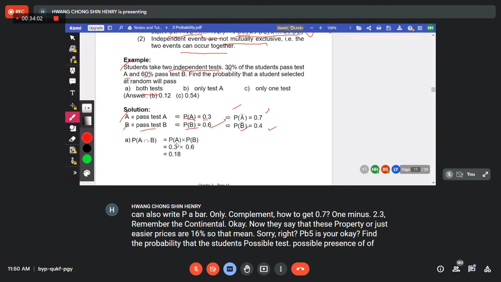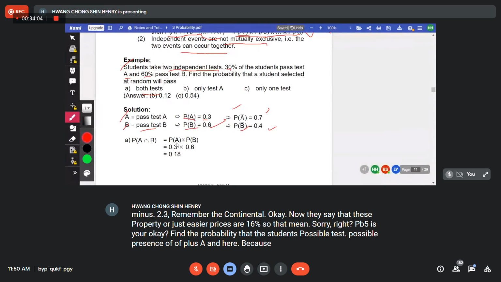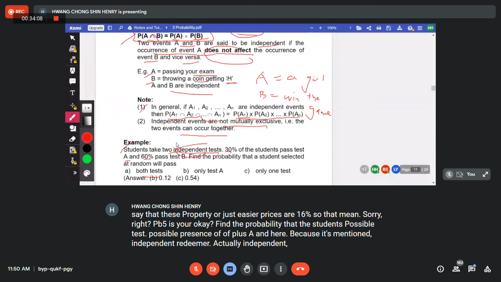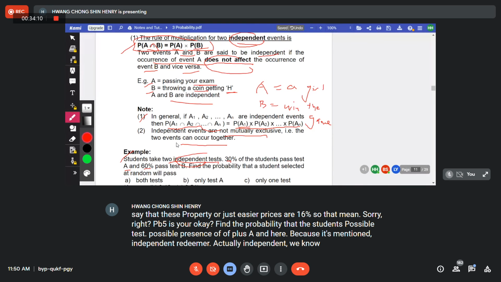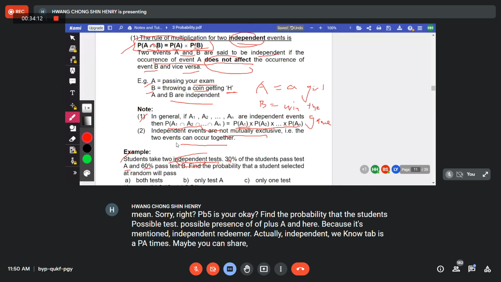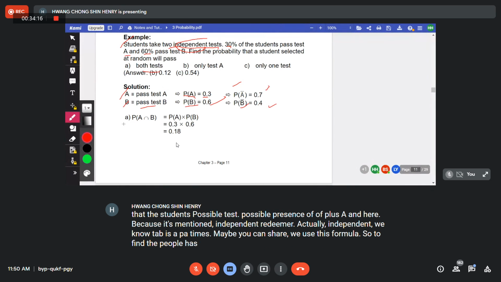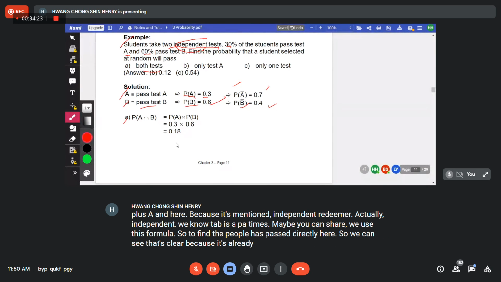Pass A and B. Because it's mentioned independent already, we know P(A and B) is P(A) times P(B). You can straight away use this formula. So we take P(A) times P(B) because it's already mentioned independent. So 0.3 multiplied by 0.6 is 0.18.